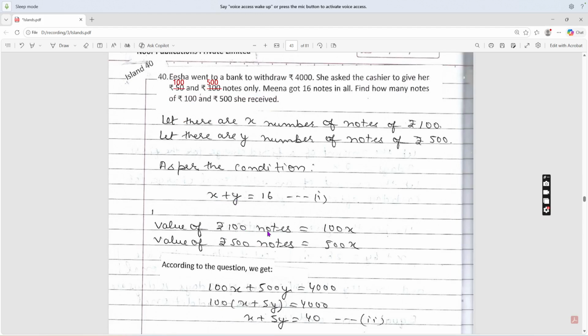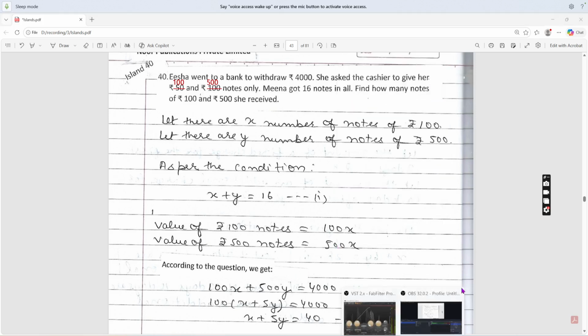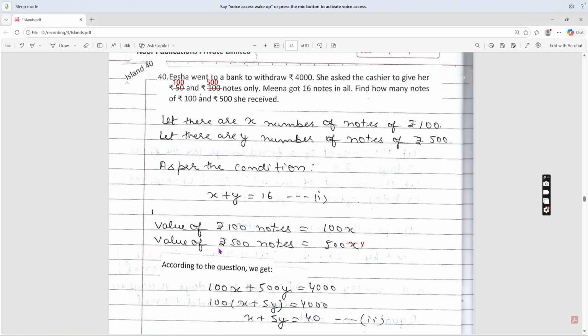So the total value of rupees 100 notes would be 100 into x, and the value of 500 notes would be 500 into y.